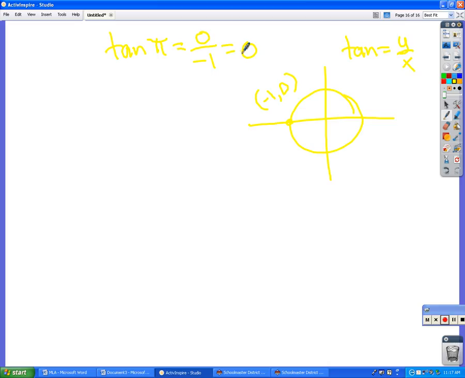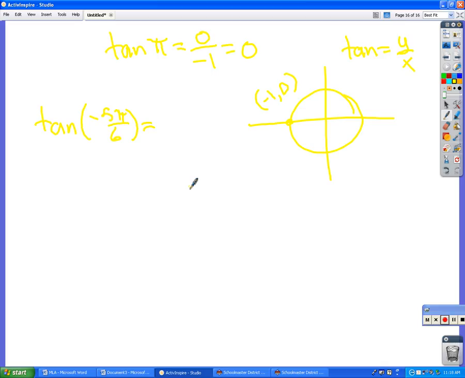If I wanted to find the tangent of negative 5 pi over 6, now things are getting a little bit tricky. What do I do if I want to find the tangent of negative 5 pi over 6?